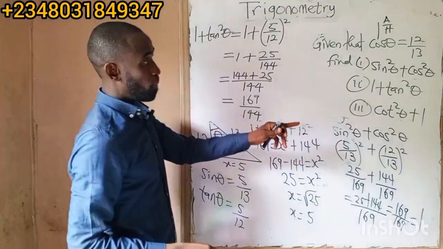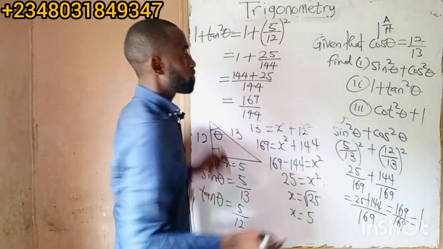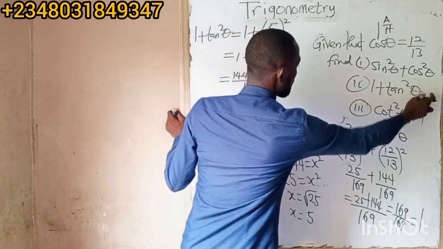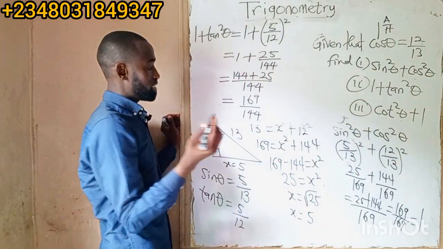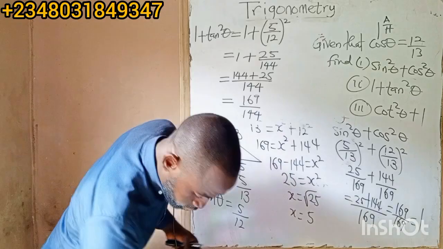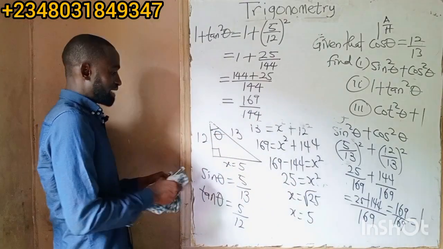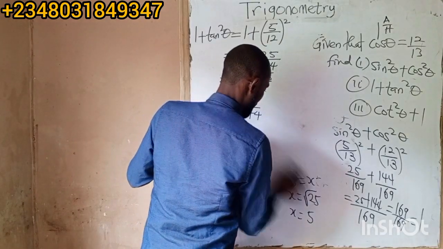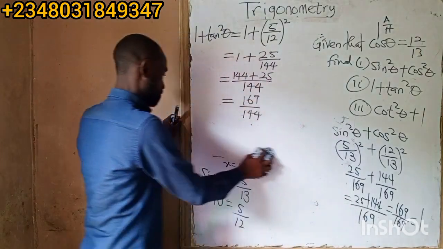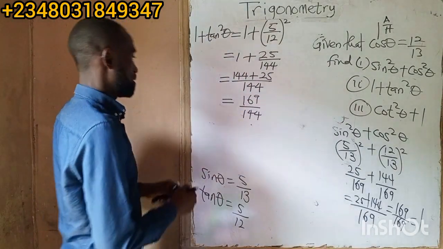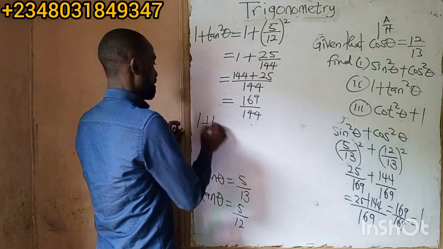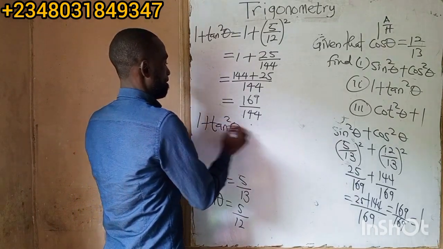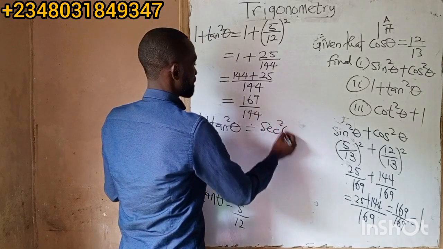We want to use the basic identity now. 1 plus tan square theta will give us sec square theta. I think you know that. So you can solve the question in 2 ways, like I said. So 1 plus tan square theta is equal to sec square theta.